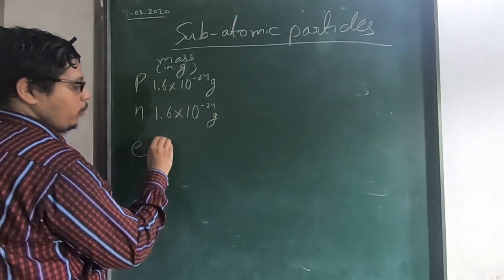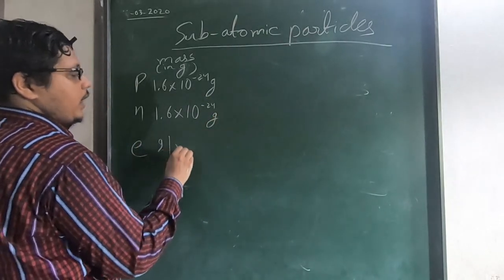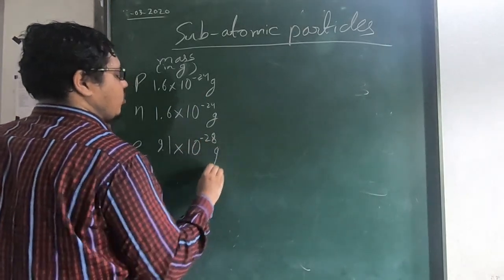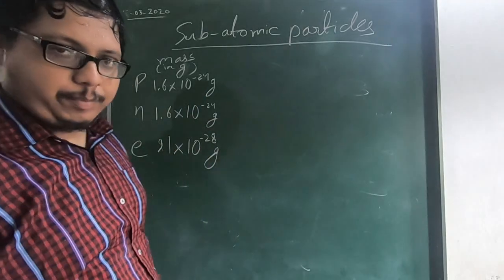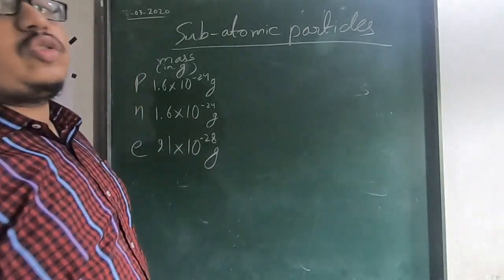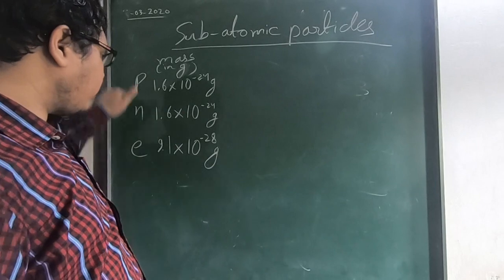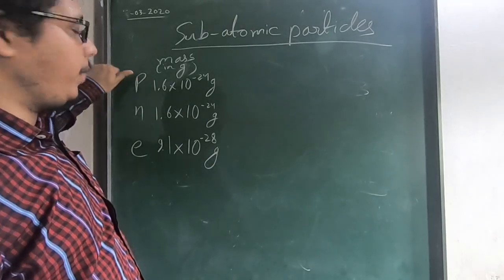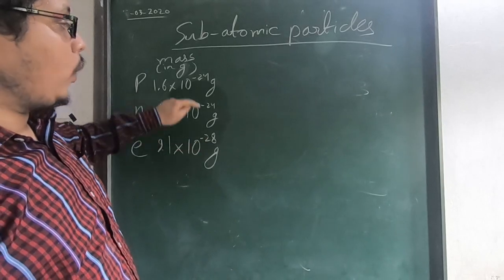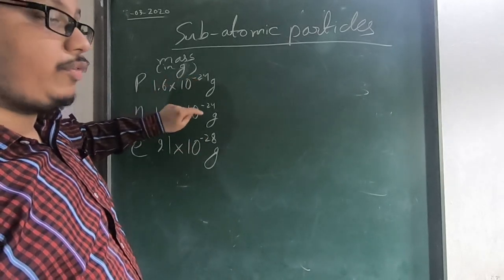The electron, however, is much smaller than them, 9.1 into 10 to the power minus 28 gram, which is very small compared to the first. As you can see, it is 10 to the power minus 28, but these are only 10 to the power minus 24.